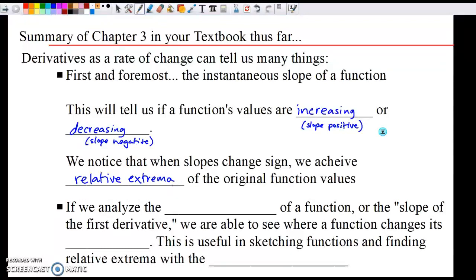Remember, relative extrema will be defined when we review section 3.1. We'll talk about that there. If we analyze the second derivative, or the slope of the slope, we're able to tell a lot of cool things too. Most notably, we'll be able to tell where a function changes its concavity.